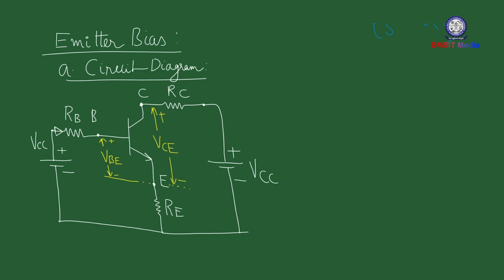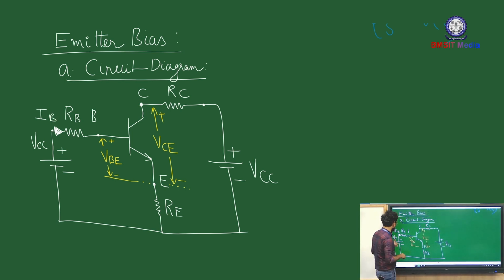Now let us mark the currents. The input current IB is along the direction of the power supply, and the output current IC again has a direction that agrees with the power supply polarity. This is IC. Alright, so now we'll have to analyze this particular circuit.